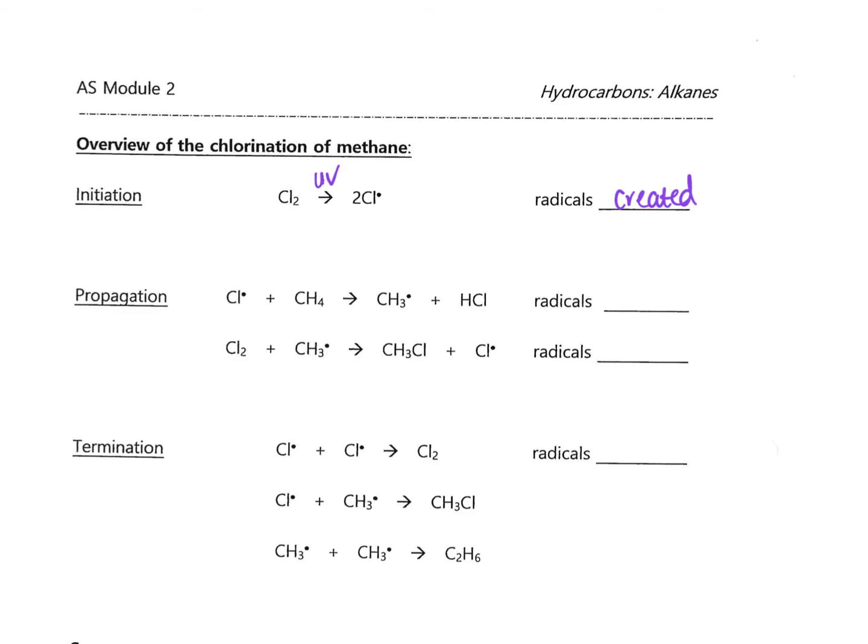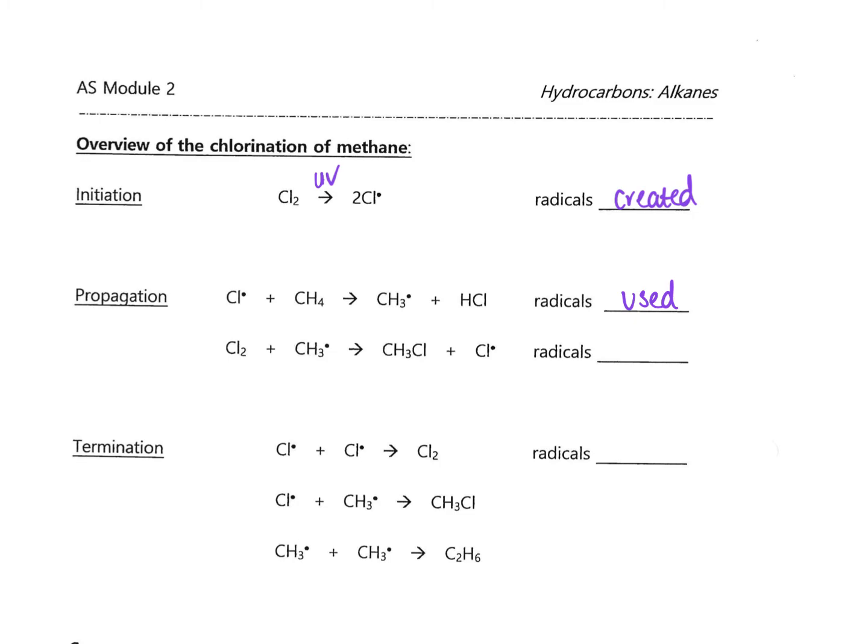Then once those chlorine radicals are formed, we see our propagation step, which is essentially our series of chain reactions, where in this stage of the reaction, initially, a methane molecule will react with a chlorine radical, and that's where our radicals are used. So our chlorine radical is used there. That's where we form the methyl radical and a hydrogen chloride molecule.